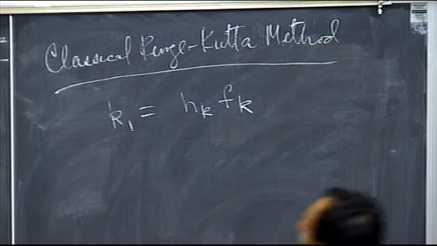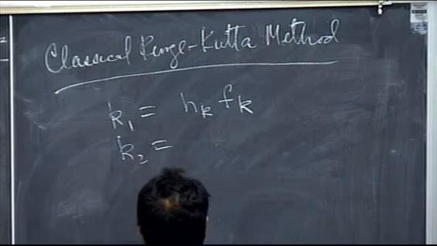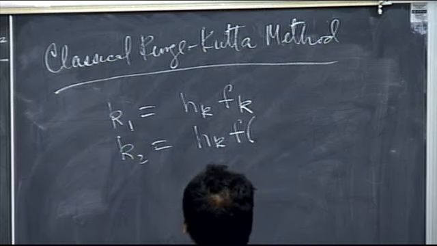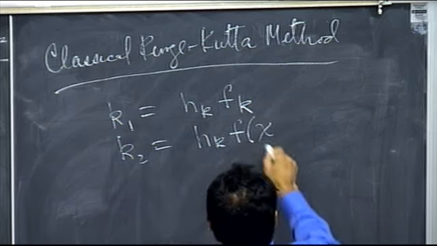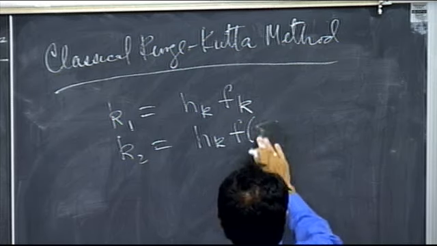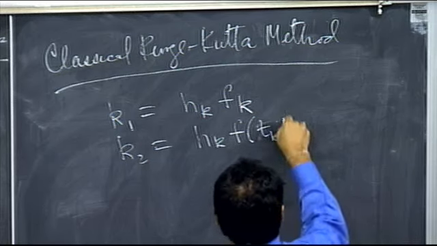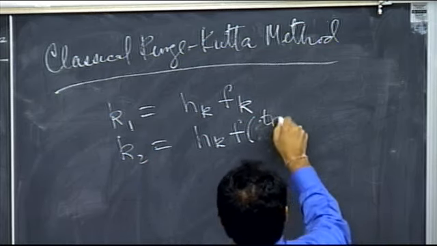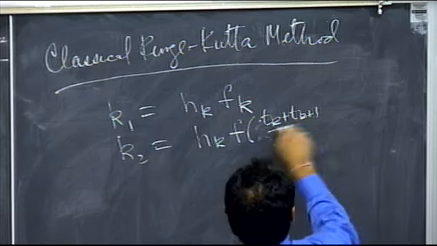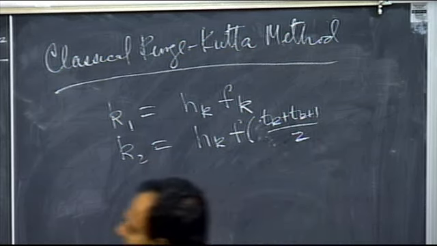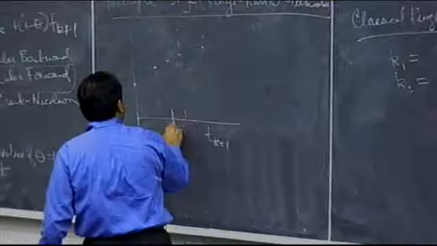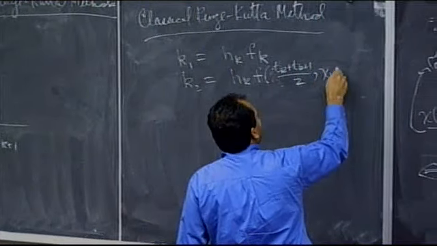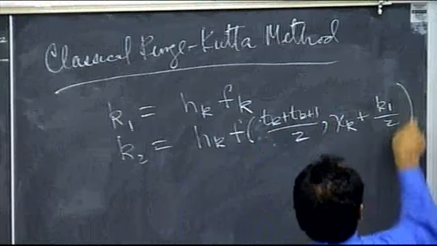Then you take k2 to equal hk times f of, I'm doing t first, tk plus tk plus 1 over 2, which is the midpoint between here and there, and then you add to xk the value of k1 over 2.